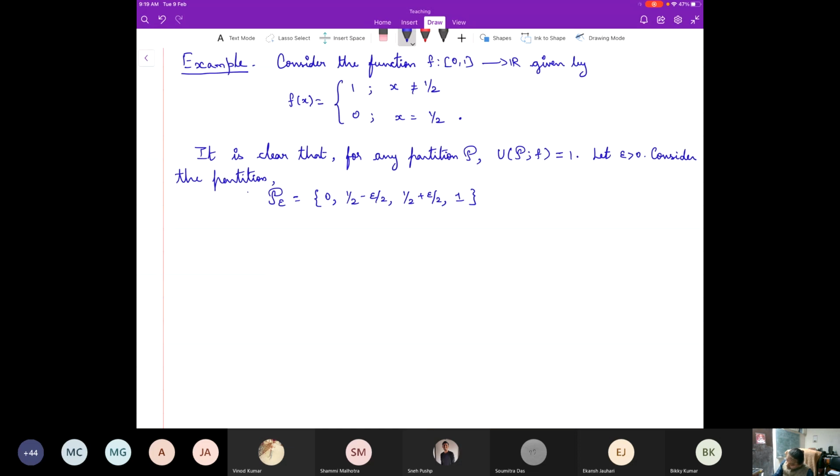Now, we know already what is U(P epsilon, f). So what is L(P epsilon, f)? Start, calculate and then tell me. Sir, can you please tell me how the upper sum is 1?